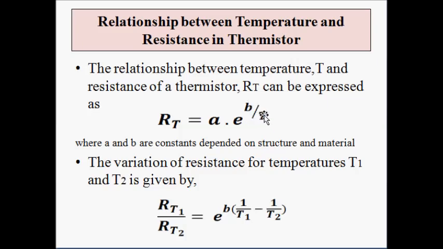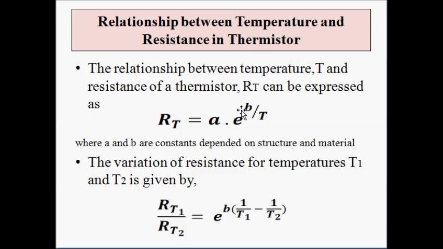Here A and B are constants which depend on the material used for the fabrication of the thermistor. So there is an exponential behavior here.